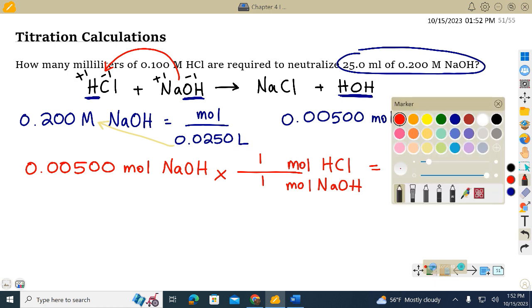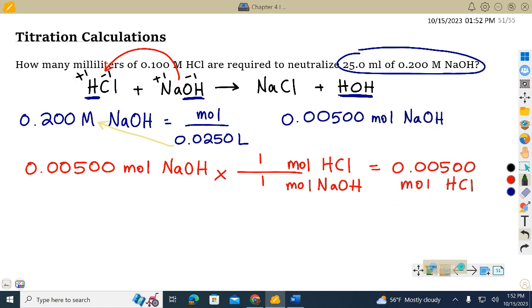Now I can solve the problem. They want to know how many milliliters of 0.1 molar hydrochloric acid is required. I'm trying to hit the stoichiometric ratio between these two reactants. Then I know that I have neutralized the base.